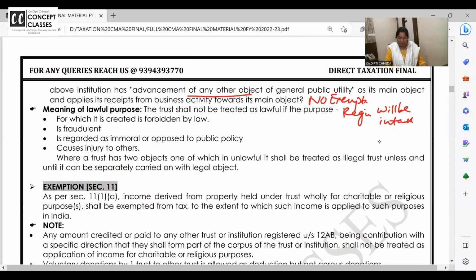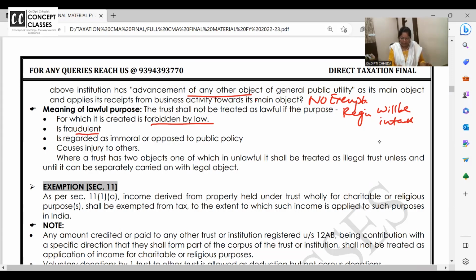Meaning of lawful purpose. The trust shall not be treated as lawful if the purpose for which it is created is forbidden. See, for the last 1 hour I am telling you, the trust should be for a lawful purpose, hai na? So what is a lawful purpose? It should not be forbidden by law. It should not be fraudulent. Koi cheating nahi honi chahiye.